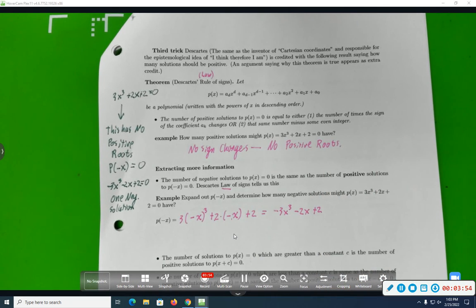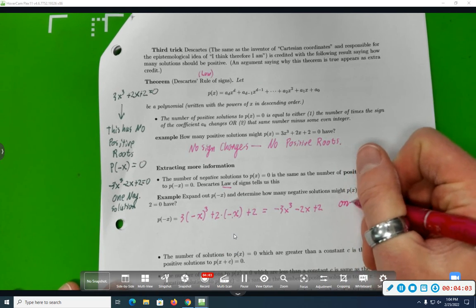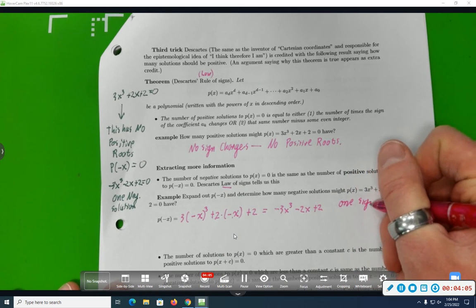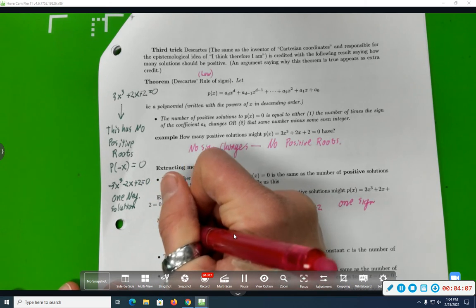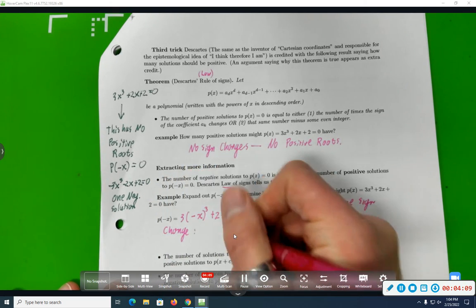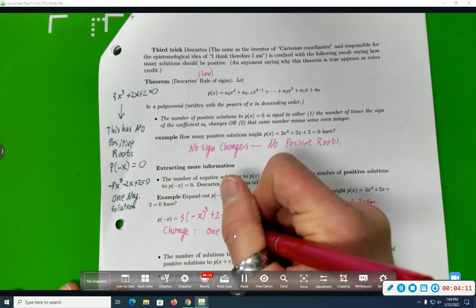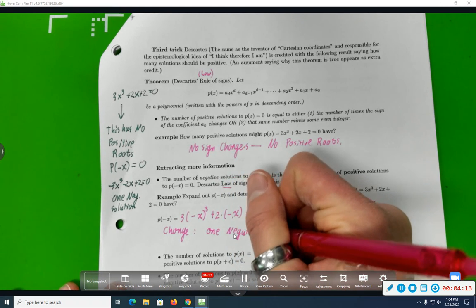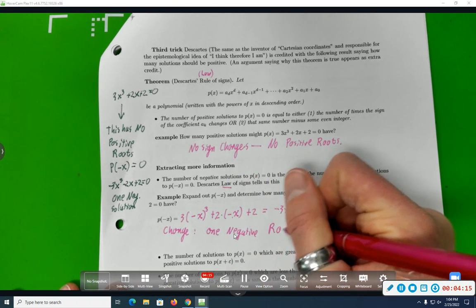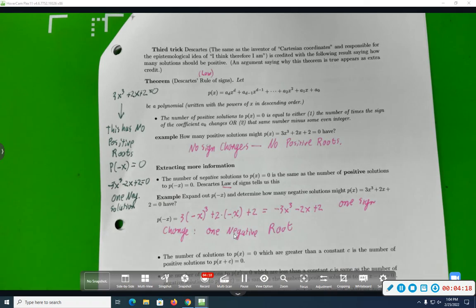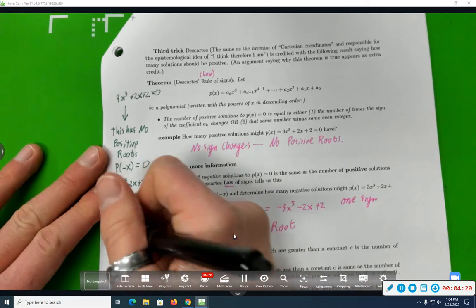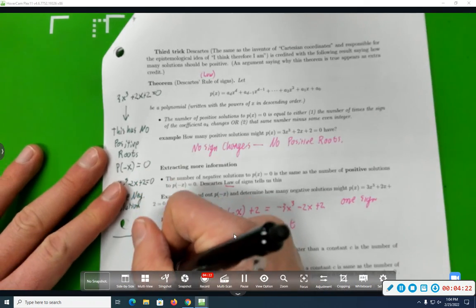So, how many times does that coefficient change from positive to negative or opposite? Once. One sign change. So this has one negative root.